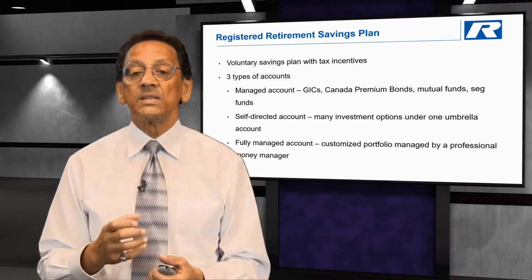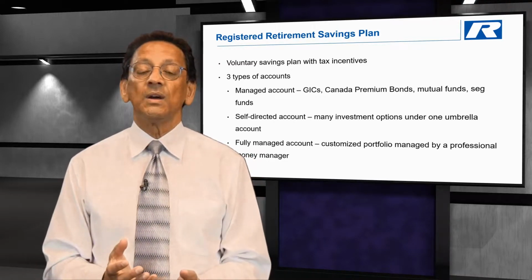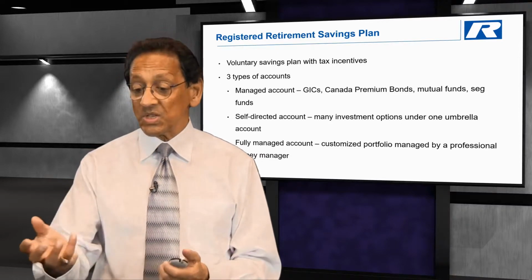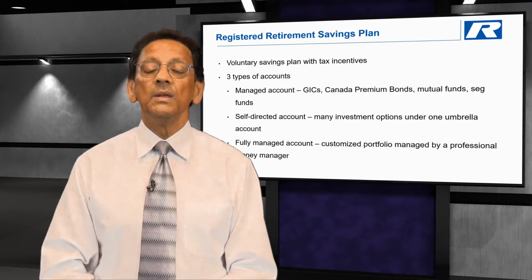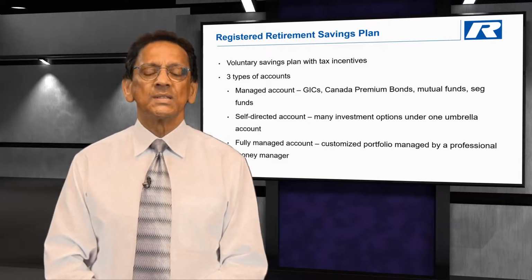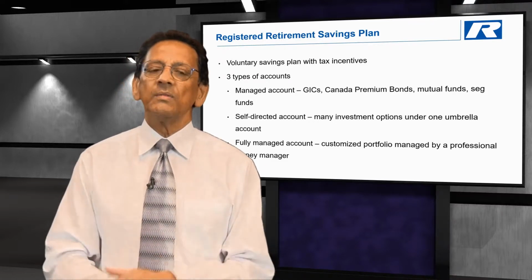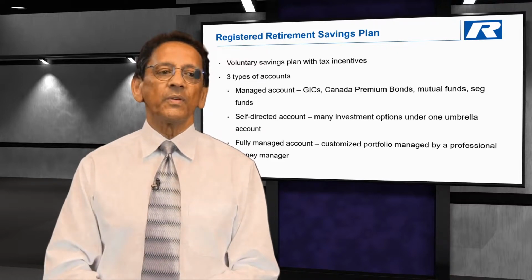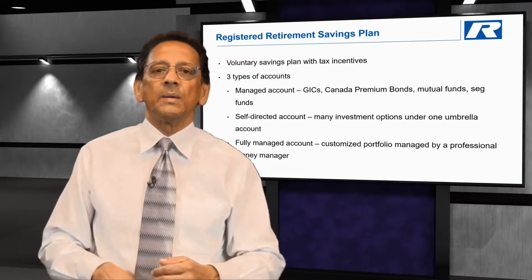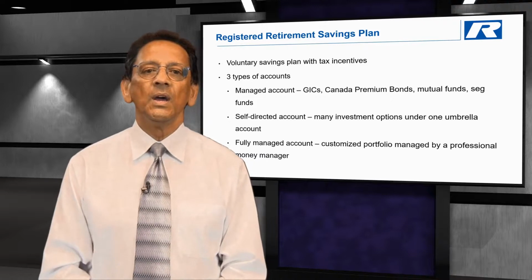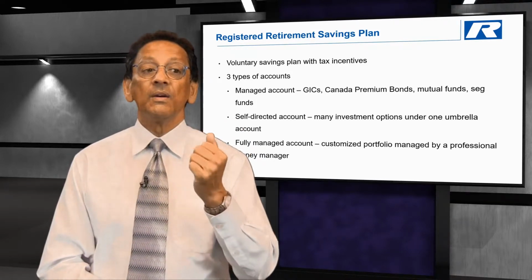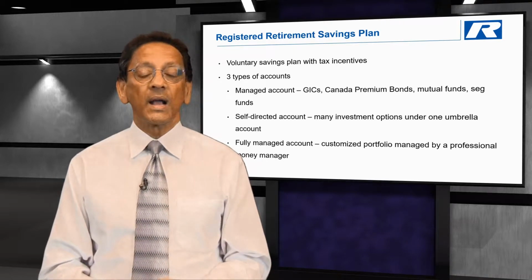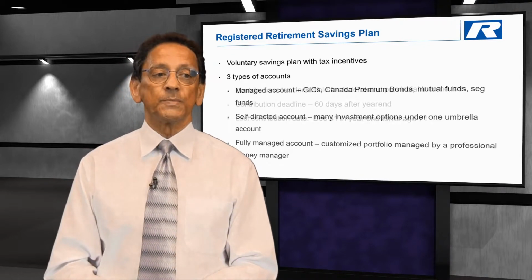So it tends to be a larger RSP account, and I get personalized one-on-one investment advice from the fund manager, sort of like high net worth investing. So those are the three basic types of accounts we can have with our RSP: a managed account, a self-directed account, and a fully managed account with a professional money manager.